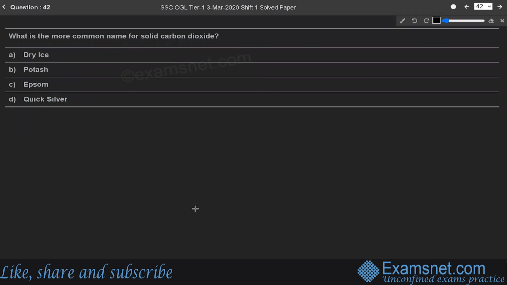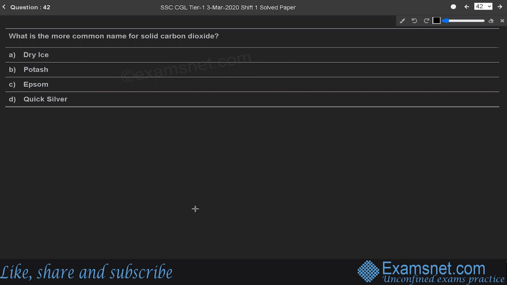Next question is, what is the more common name for solid carbon dioxide? And the options are dry ice, potash, Epsom, or quicksilver. So all these options are compounds. So first, let us understand their true name and the chemical formula.